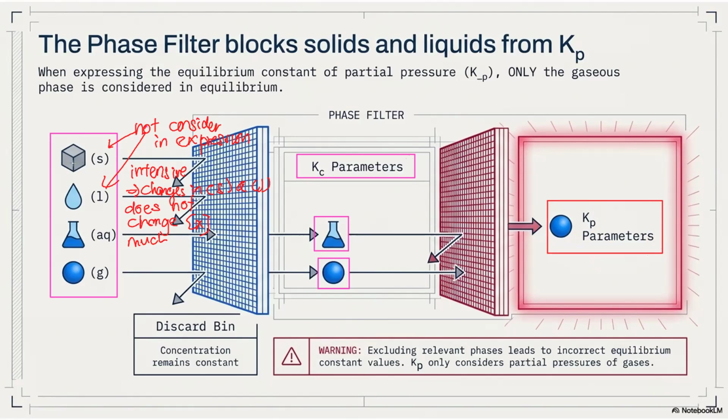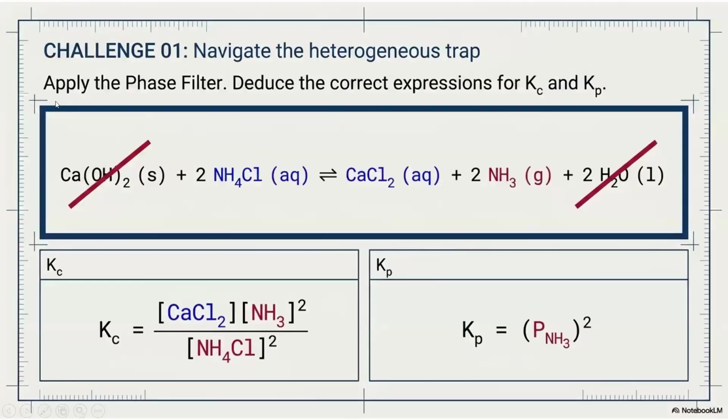Okay, so let's say we have an example: Ca(OH)2 solid plus 2NH4Cl aqueous gives CaCl2 aqueous plus 2NH3 gas plus 2H2O. When we express Kc, we write Kc equals the concentration of the products, which is CaCl2 times NH3 squared.